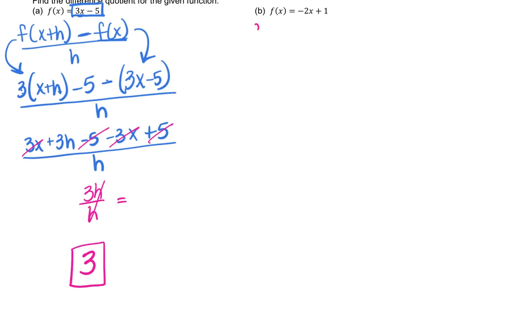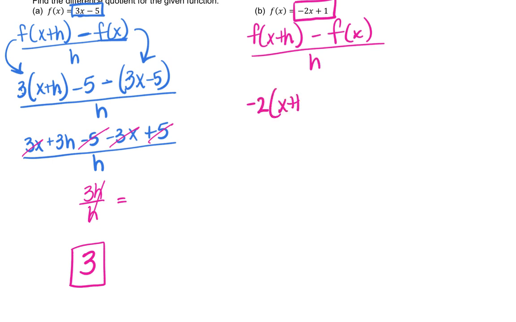So again, I'm going to take the f of x plus h minus f of x over h. So I'm going to take this equation, and I'm going to replace the x with x plus h. So I'm going to have negative 2 times x plus h plus 1.